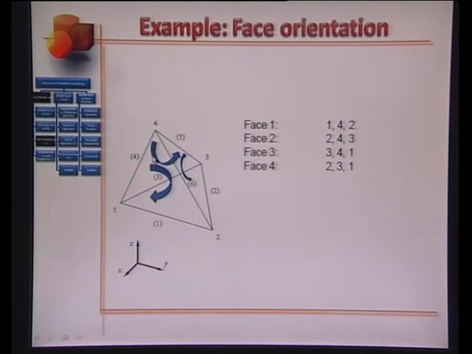Once again, if you use your right hand, have your thumb pointing outwards, curl your fingers, you would notice that the thumb would be pointing into the tetrahedron. Likewise, the bottom face can also be ordered counterclockwise to have the thumb of your right hand pointing into the tetrahedron.